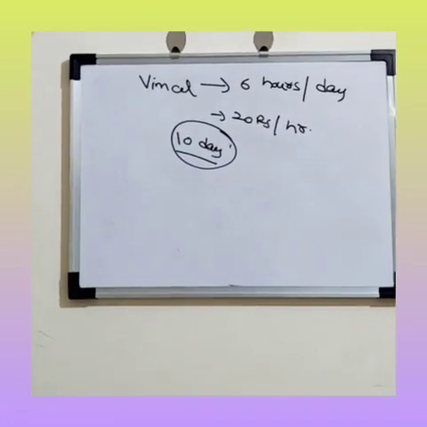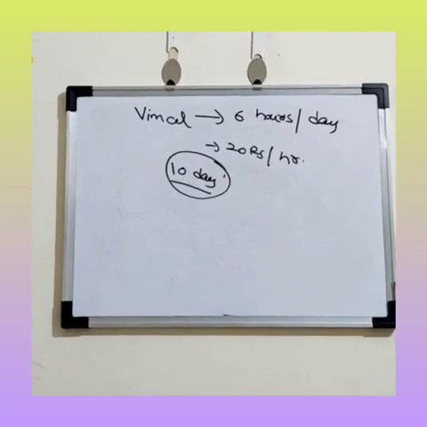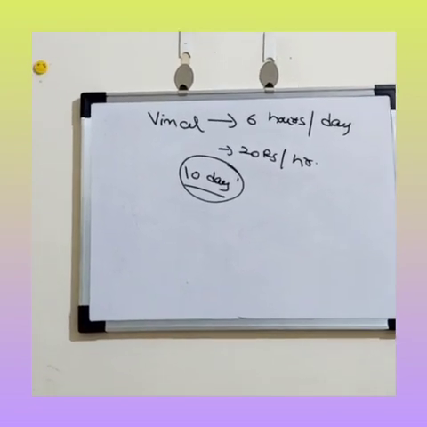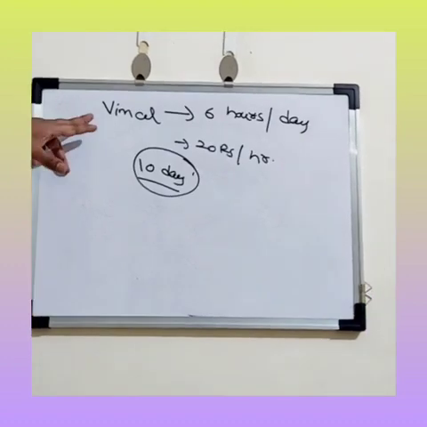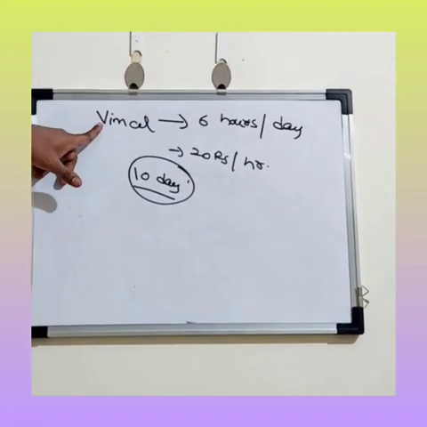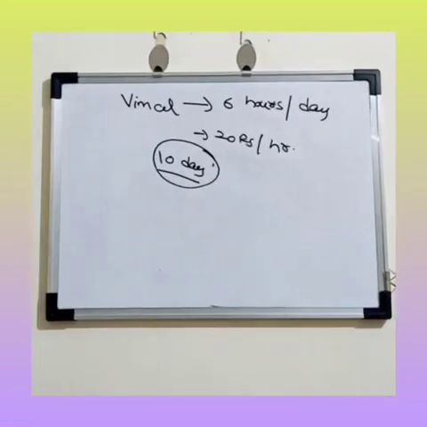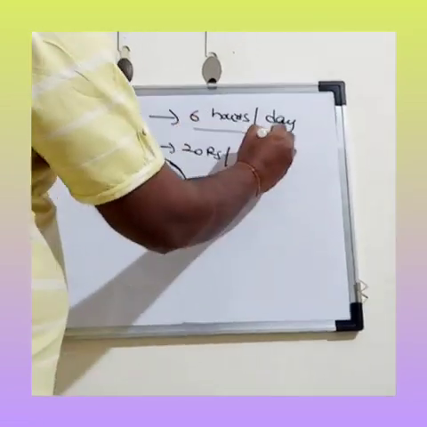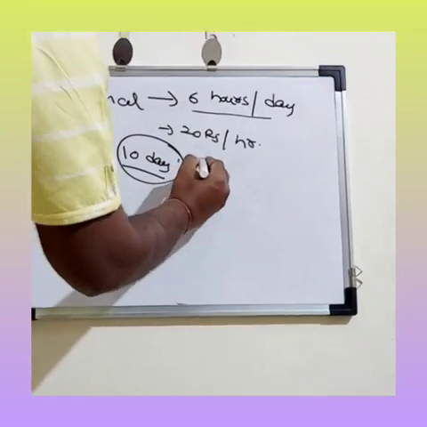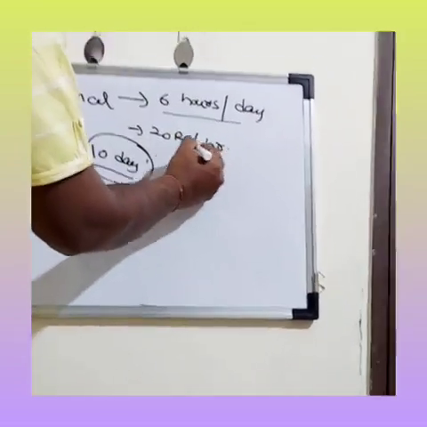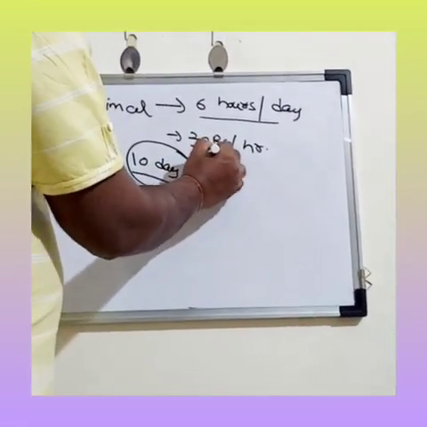To solve this problem quickly, first you need to find the value for 1 day. Once we know how much Vimal is paid for 1 day, it will be very easy to find it for 10 days. Per day, Vimal works 6 hours, and for each hour he gets 20 rupees.